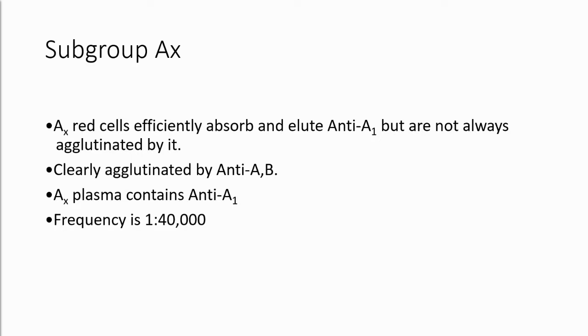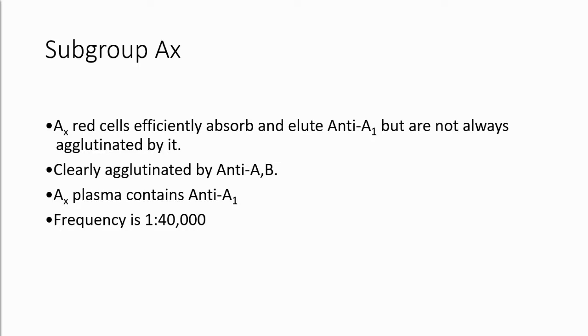Each subgroup has a different serological characteristic. So taking AX as an example, AX efficiently absorbs and elutes anti-A1, which means there is insufficient A antigen on cells to cause agglutination.